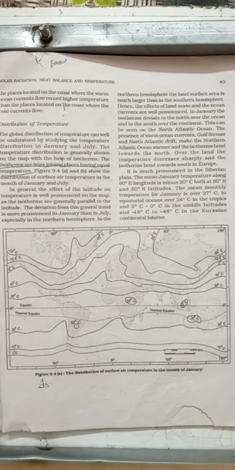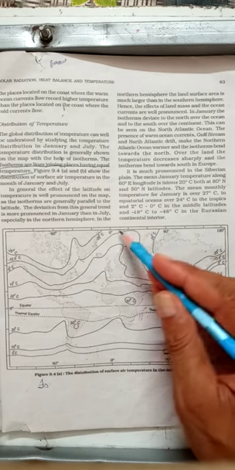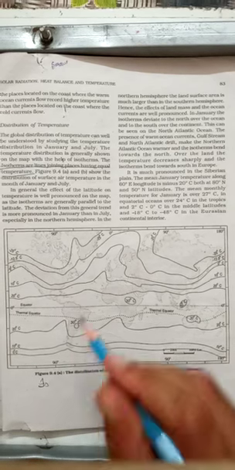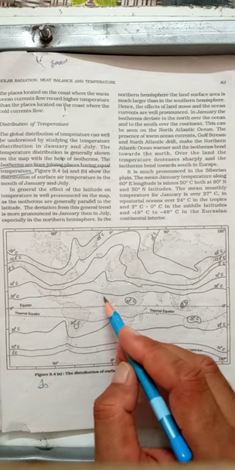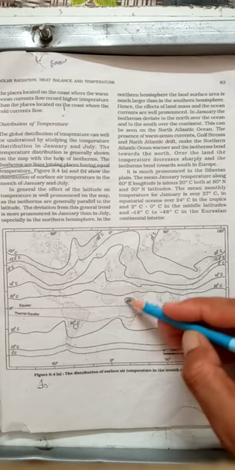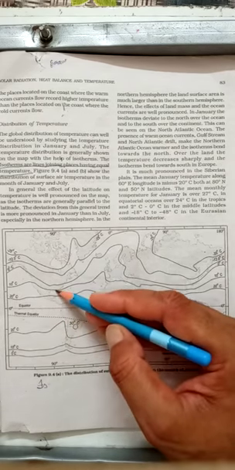The amount of insolation and solar energy received in the polar area is low, and the isotherms over much of the tropical region are widely spaced. The space between these isotherms is very large.